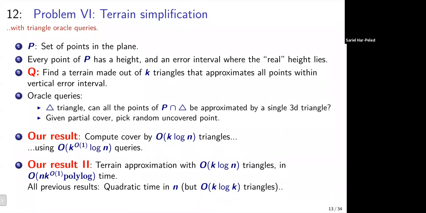In particular, those 2 Oracle queries, if I give you the input explicitly, can easily be implemented. Finding a uniform point that is not covered is essentially just scanning the input, collecting all the uncovered points, and then uniformly picking one of them. And finding a triangle, if there is a triangle that can approximate this, is, as I said, just a linear program.